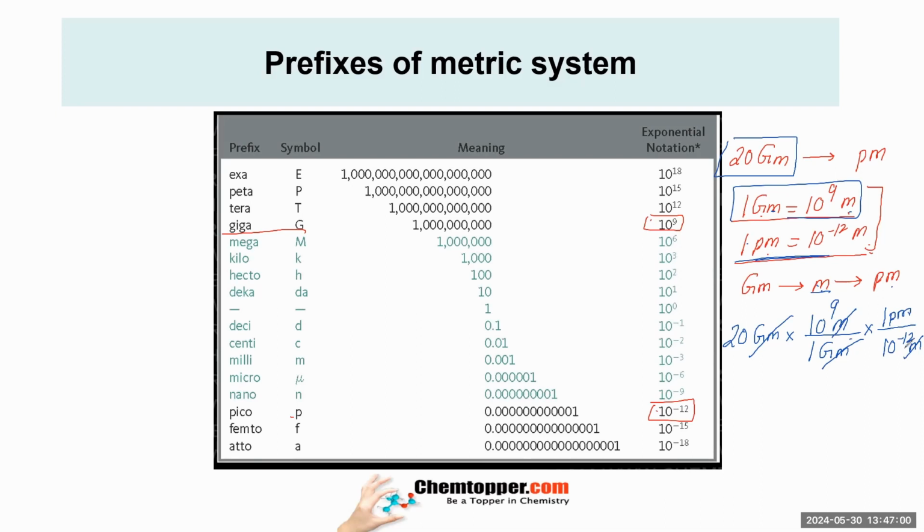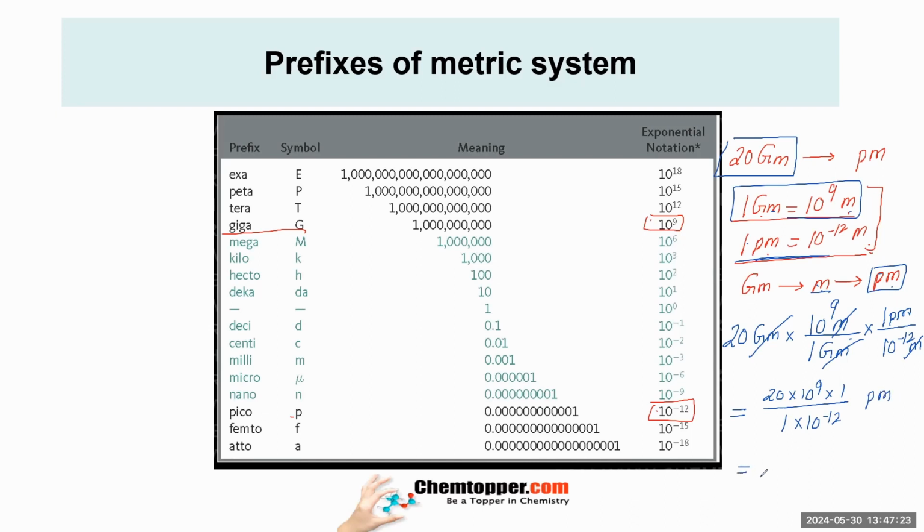Now my answer has only one unit, picometer, and that's what I wanted. Now I'm going to put all the numbers of the numerator together. These are the numbers in the numerator, and the denominator numbers are these. And the unit left is picometer. Rest of the units are cancelled.